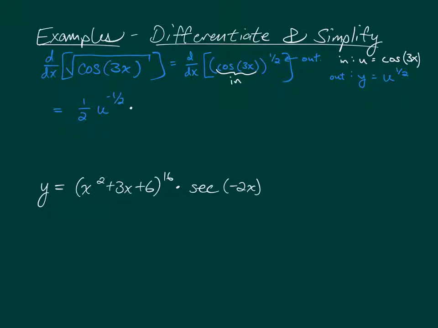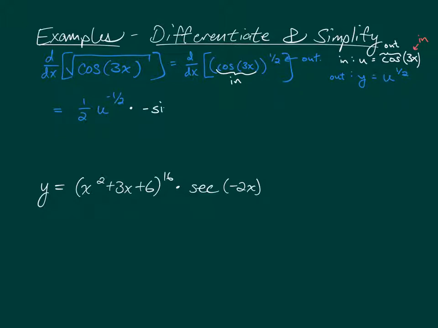So, oh no, look at this. This has an outside function, and this has an inside function. So we have to do another chain rule. Oh man, here we go. Let's see if we can do this expediently. So what's the derivative of cosine?